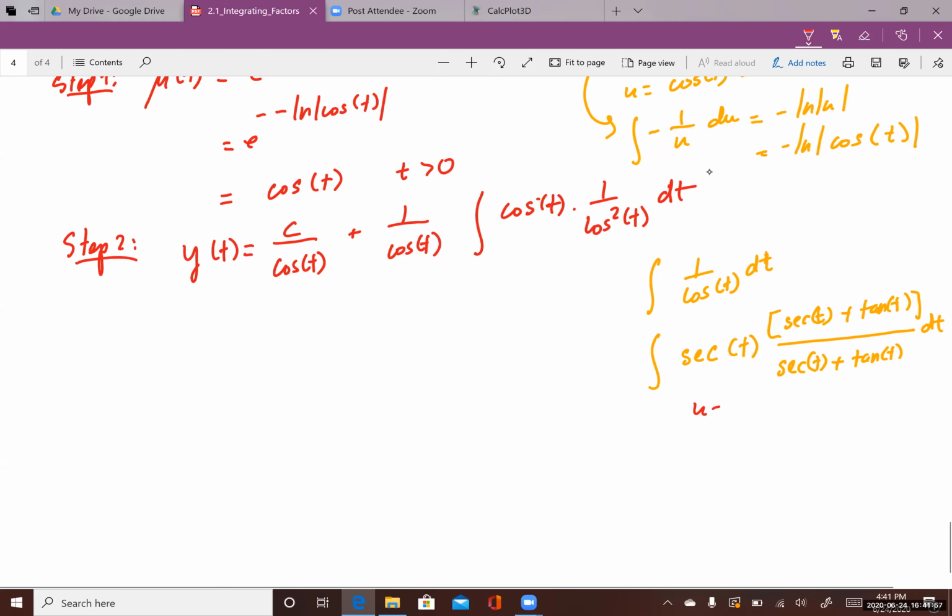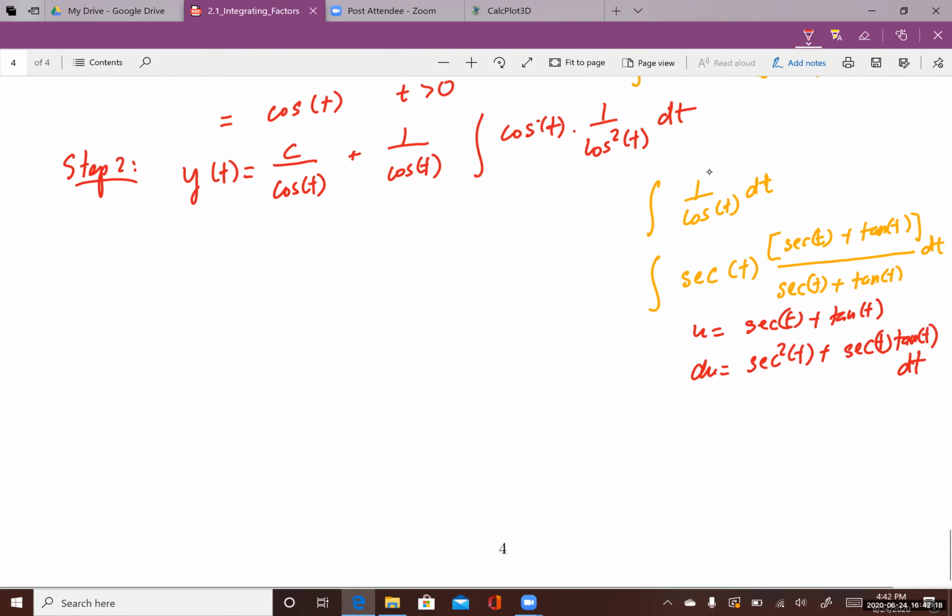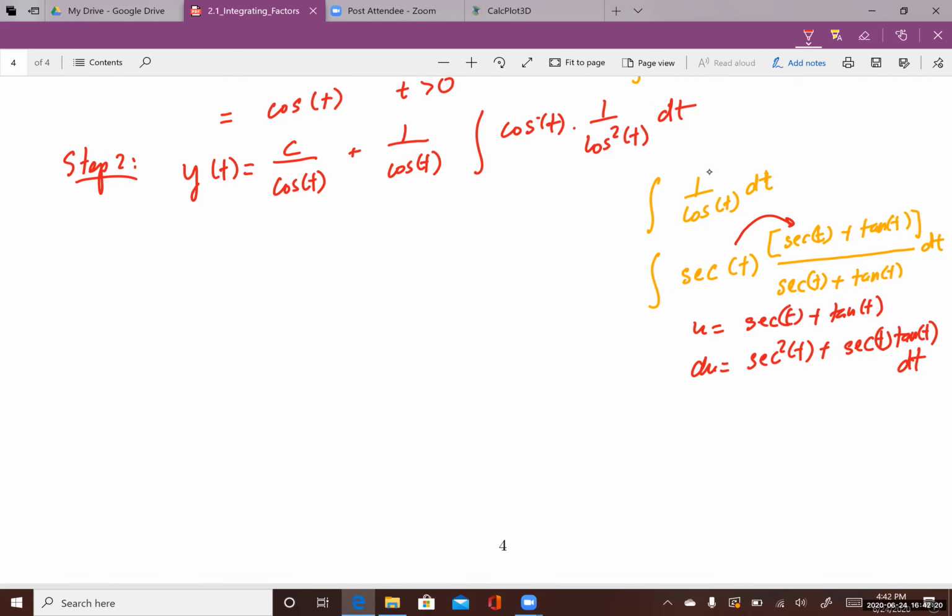Let u equal secant of t plus tangent of t, then du equals secant squared of t plus secant t times tangent of t dt. If you distribute secant of t into this part, you will have secant squared plus secant times tangent of t, which is du.